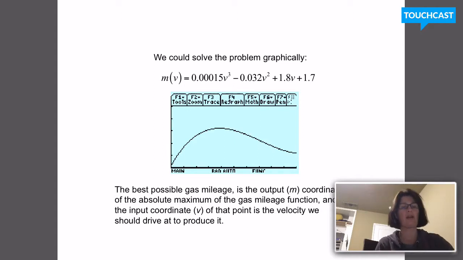We can look at this graph and see we are interested to know what is going on right there, because whatever velocity I drive at there, that's giving me the highest possible gas mileage, and that's what I want. So we're looking for the output value, the gas mileage, and we're looking for the input value that gives us that best possible gas mileage. And again, we can use calculus to help us find that out.